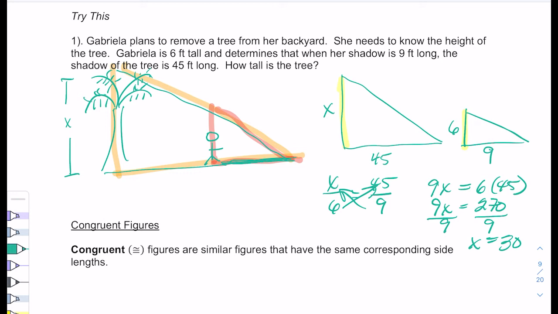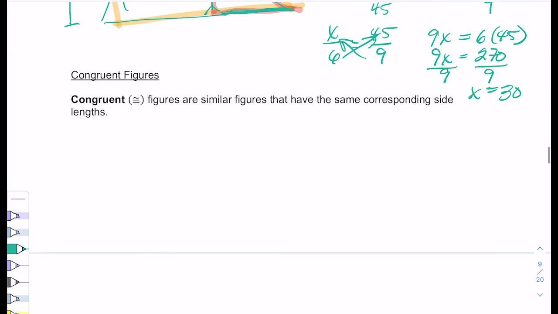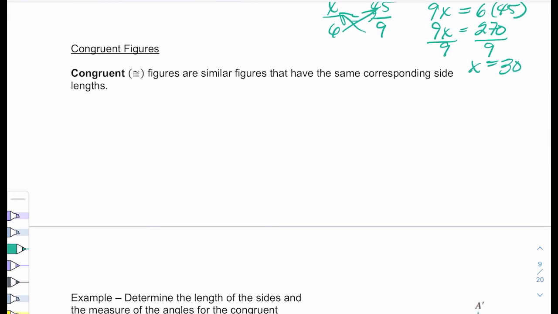What is the difference between similar and congruent figures? So the symbol for congruent looks like an equal sign with the tilde on top. And congruent basically is the geometry way of saying equal. So it's when similar figures have the same corresponding side lengths.